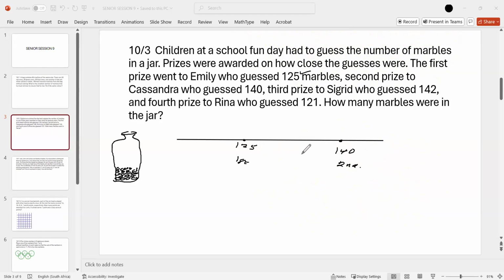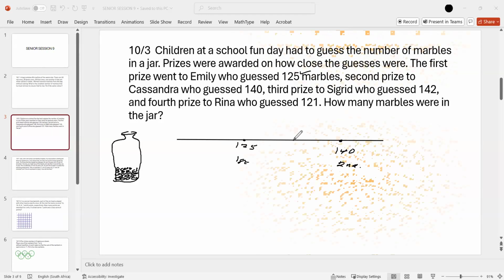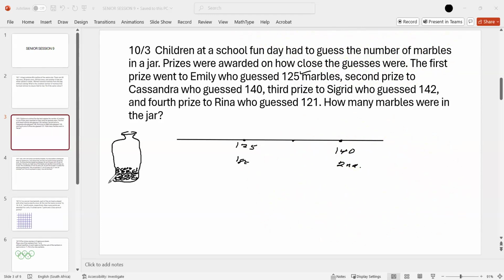Yes, you can, because you take the halfway point between these two. The halfway point between 125 and 140: you just add the two up and you get 132.5.